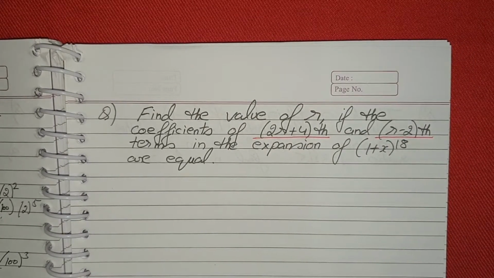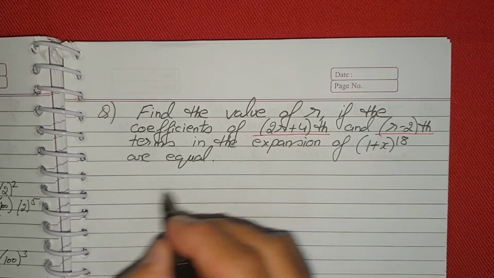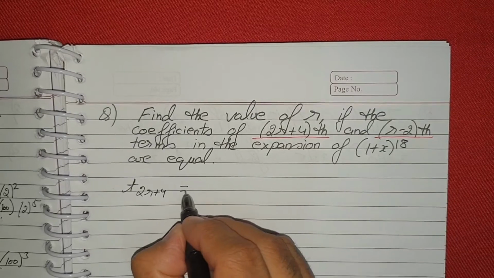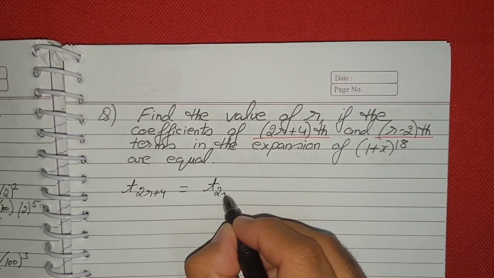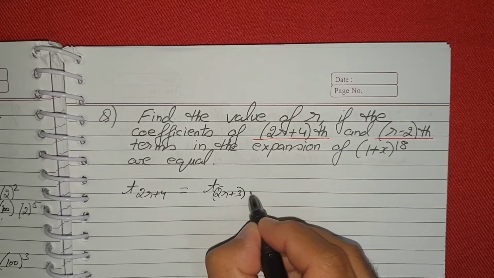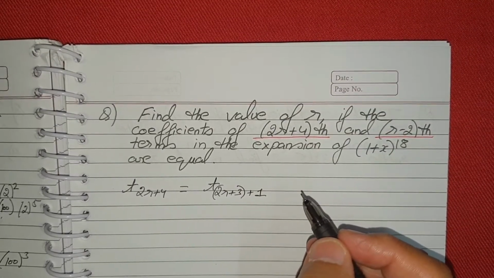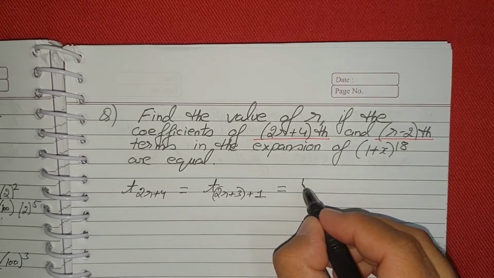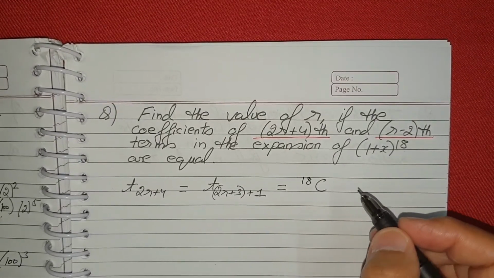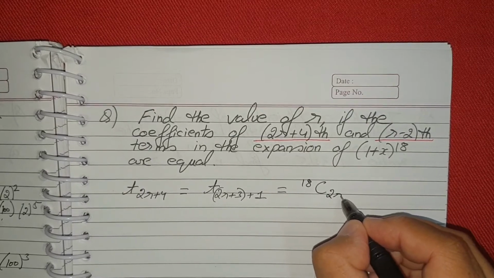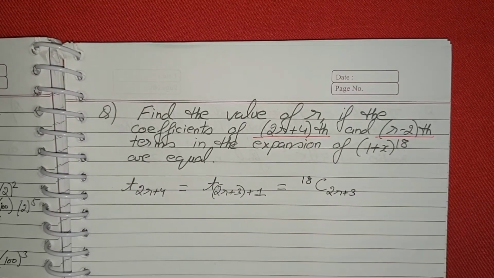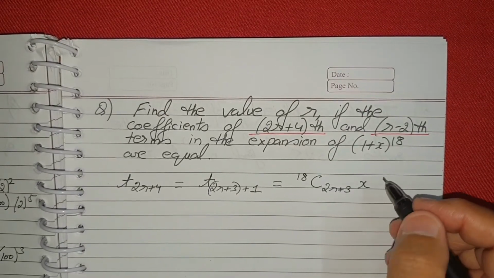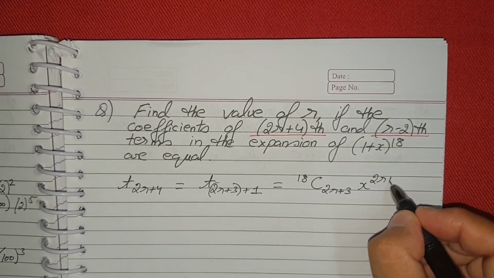Okay. So, now see 2r plus 4. We can write T 2r plus 4 as T 2r plus 3 plus 1. Now, n is 18, so 18 C, and in this case the lower index is 2r plus 3, this whole thing, and this is x to the power 2r plus 3.